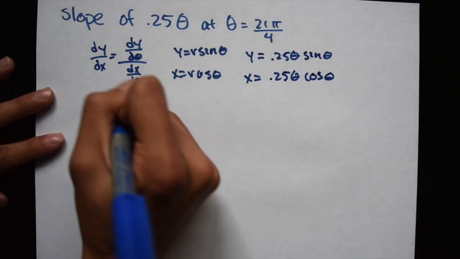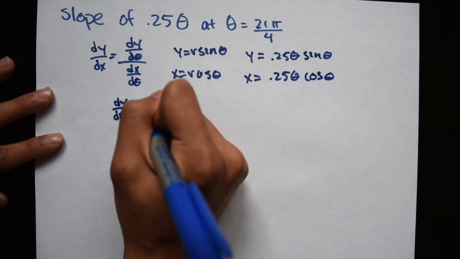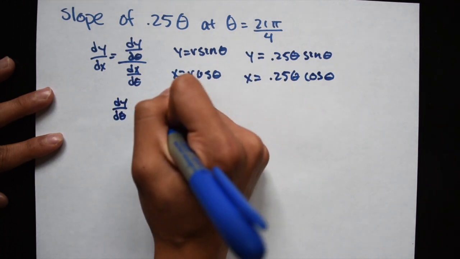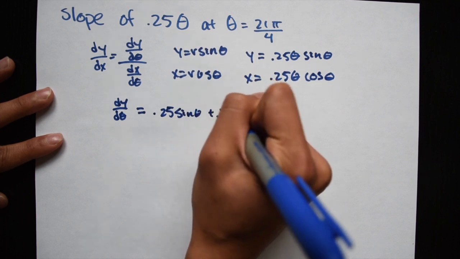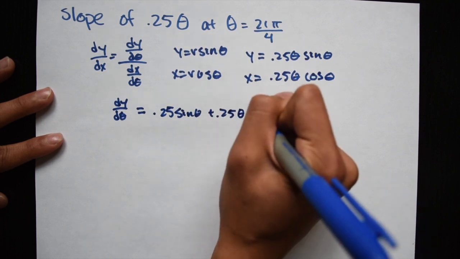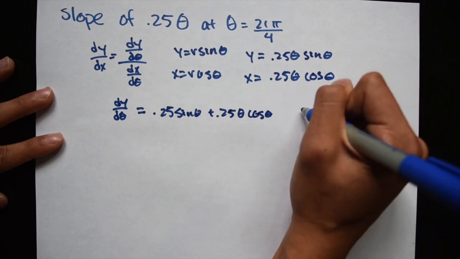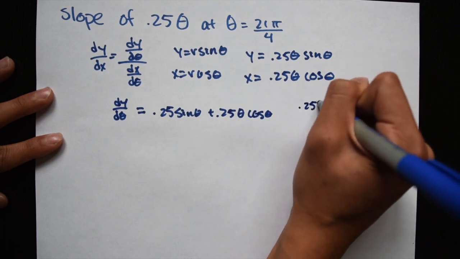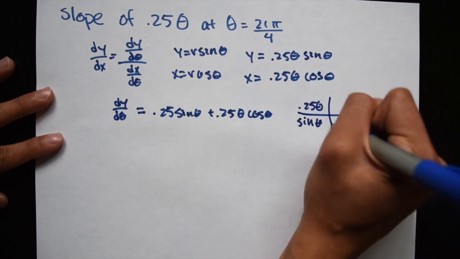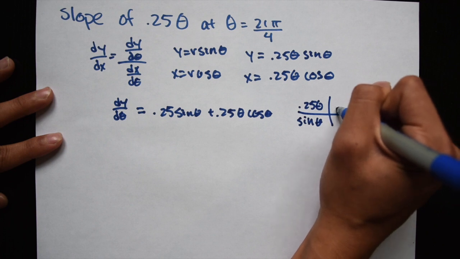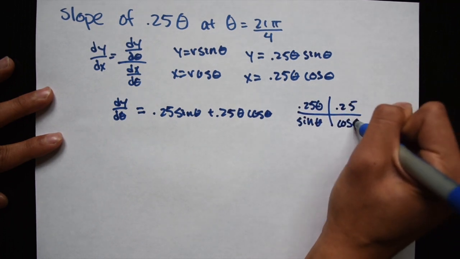From this we can find that dy/d theta equals 0.25 sine theta plus 0.25 theta cosine theta. We do this by using the product rule. So it's 0.25 theta and sine theta. The derivative of this is 0.25 and the derivative of this is cosine theta.